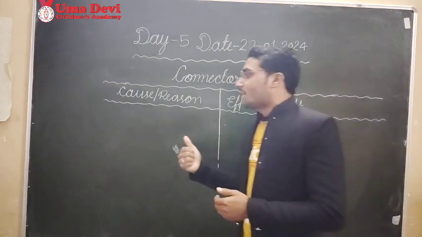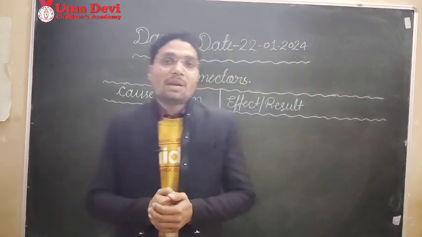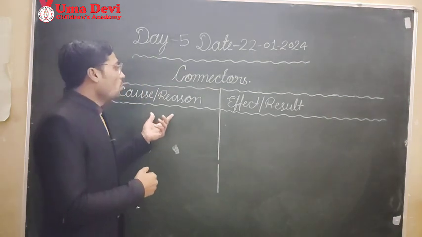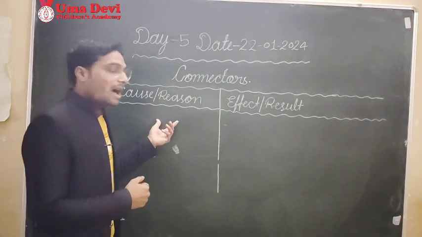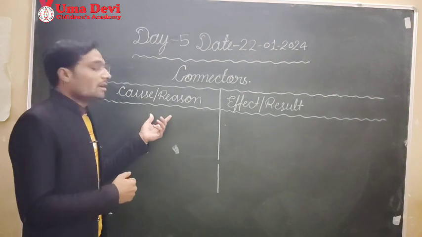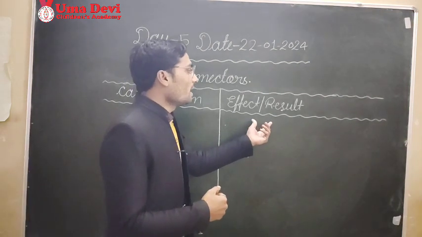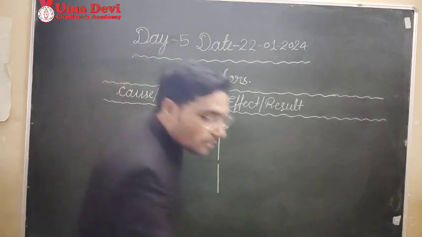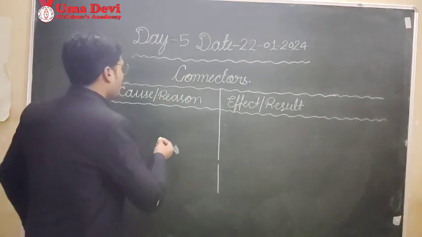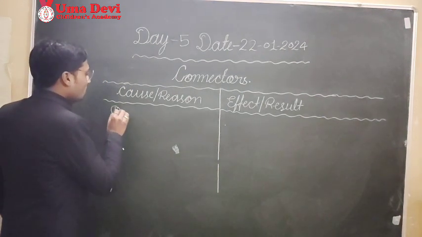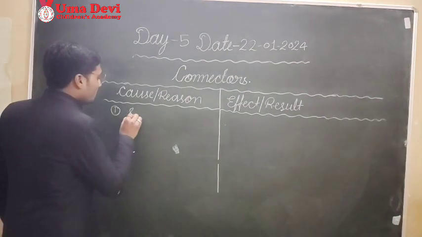Now let's understand through one more example, and let us explain some more about cause or reason. What are the connectors used for showing cause or reason, and what are the connectors used for showing effect or result? There are 3 connectors of cause or reason in your syllabus. Number 1 is since.